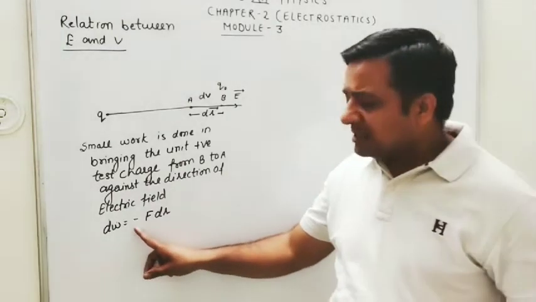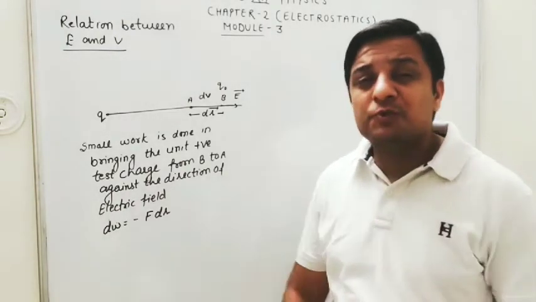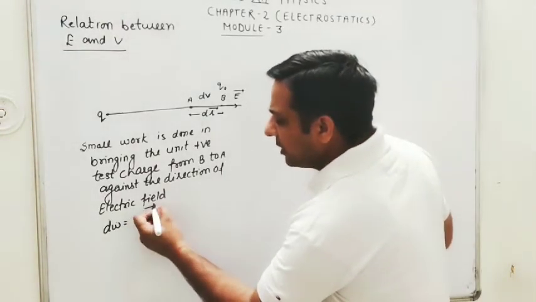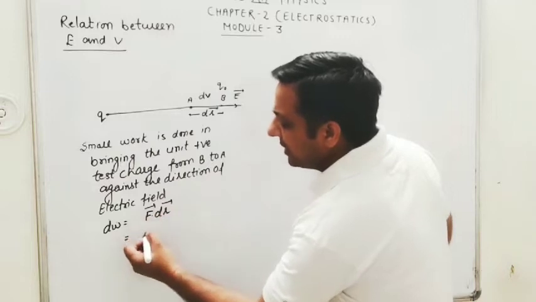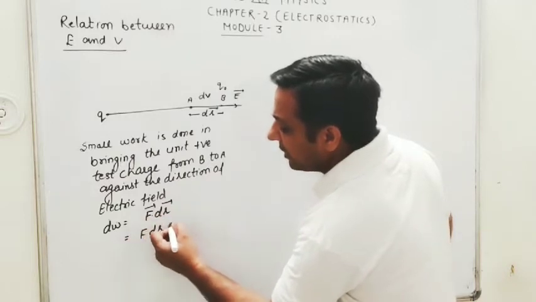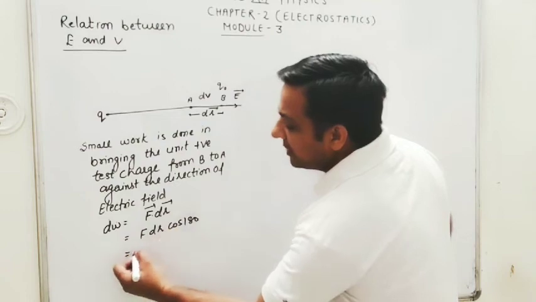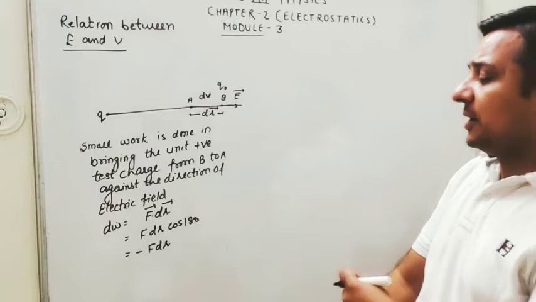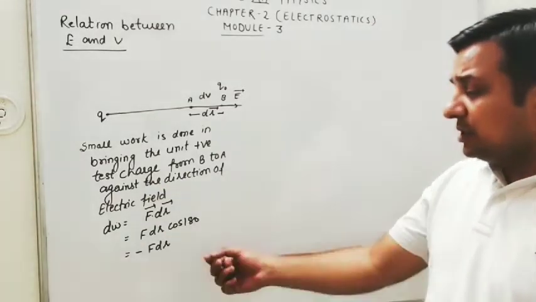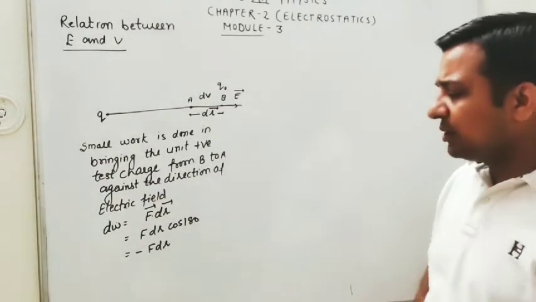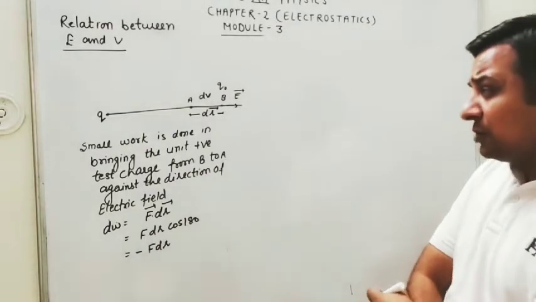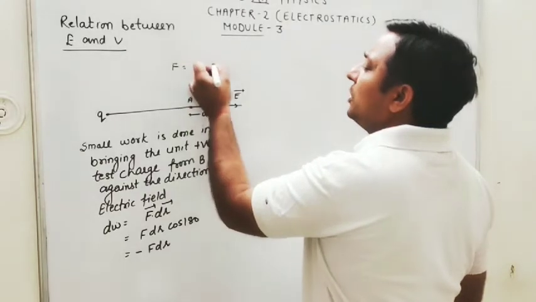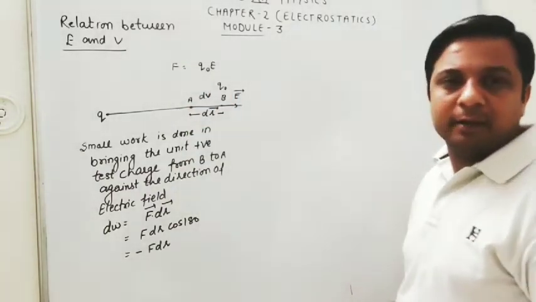Because I will use a minus sign, there is no need to use cos 180. Also you can simply use F dot dr, and that is equal to F dr cos 180, and that is equal to minus F dr. You can write it this way if I use the word against. So this is the work done, dW is equal to F dr. Also, because the electric field applies force, F is equal to Q naught E, as you know very well.